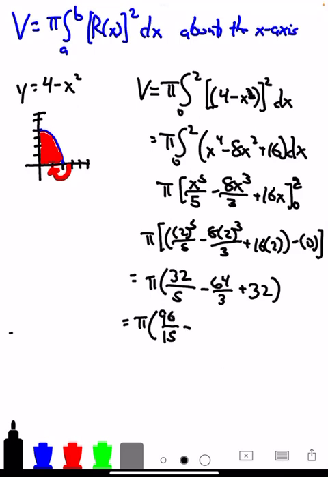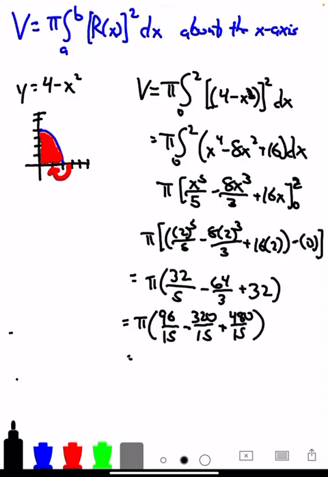Of course, you probably know this already, but I still just want to show every single step. 3 will go into 15 5 times. 5 times 64 is negative 320. And remember, this is an understood 1. 1 will go into 15 15 times. 32 times 15 is 480.